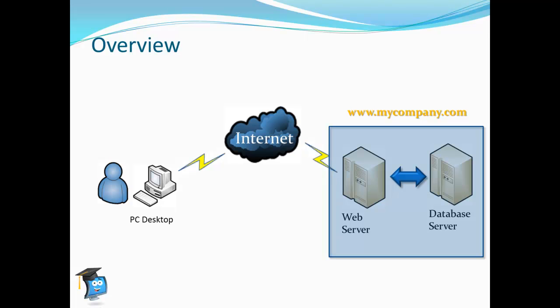On the other side of the internet, we have an ISP or Internet Service Provider that allows us to host our website. Our website is hosted on a web server, and we had discussed servers in the past week as machines capable of sharing resources with multiple users.